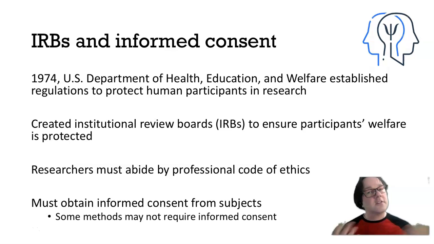The American Psychological Association, the APA, has their own ethical guidelines that involve not only just the treatment of human participants, but also the treatment of data and how we go about publishing and presenting our research in ethical ways.